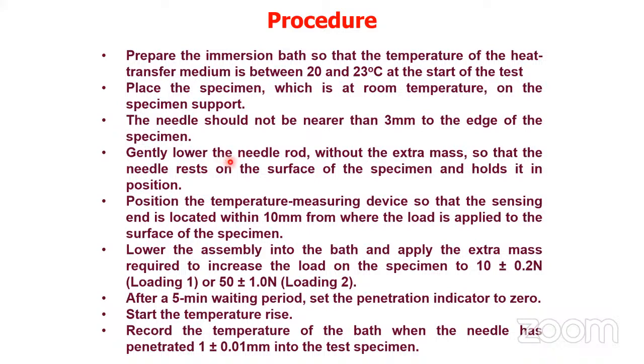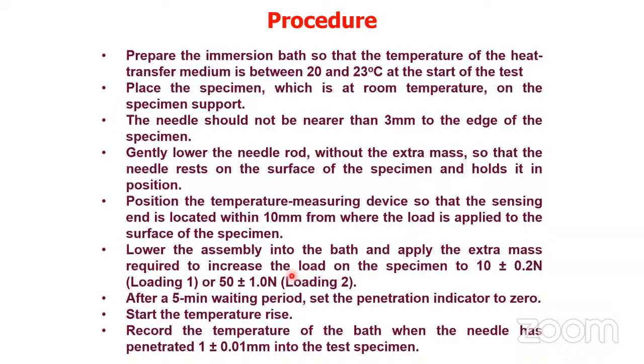Gently lower the needle rod without the extra mass so that the needle rests on the surface of your plastic specimen, and hold it in position. Position the temperature measuring device so that the sensing end is located within 10 millimeter from where the load is applied to the surface of the specimen.